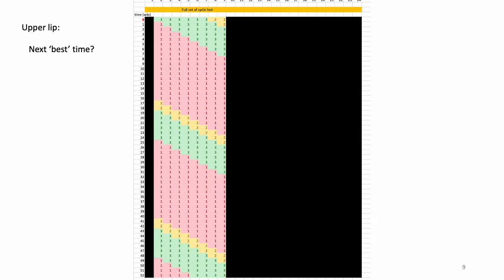So when is the next best time to treat? Well, the criteria that I used was we want to treat when most of the follicles, or all of them, are back in anagen. So we can see from this little image that this will occur at this point, 8 weeks after the first treatment, because at that point all the follicles are back in the anagen phase. They're all pink again.